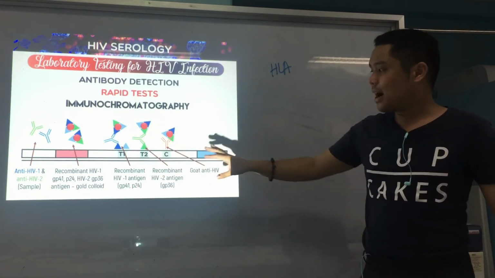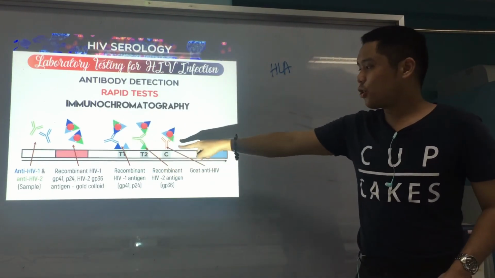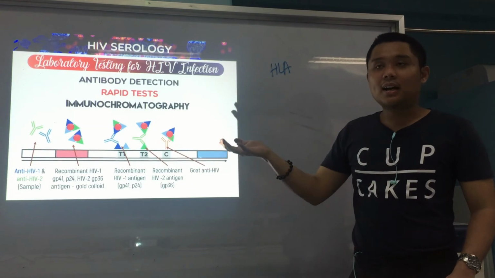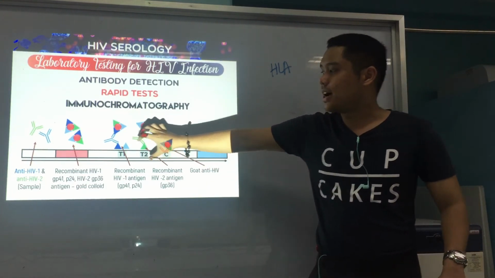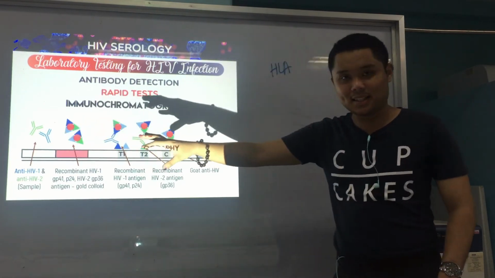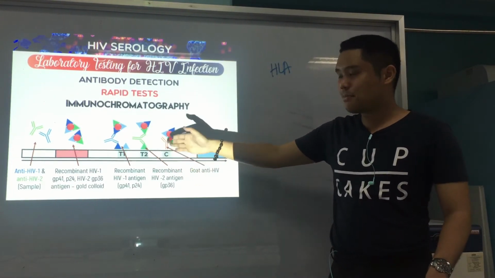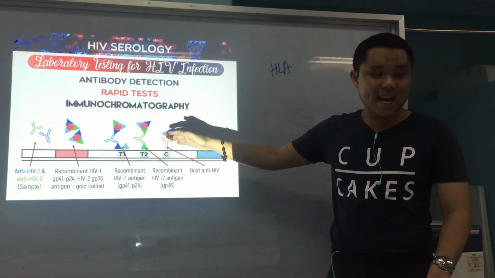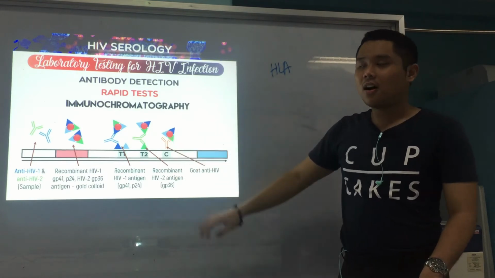Okay? Alright, so even if the result is negative, as I mentioned, your control line will always have a color reaction. Why? Because it's the excess reagents that did not react here, and they are captured by the specific antibody or antigen. In this case, it is the antibody that captures the excess antigen reagents.